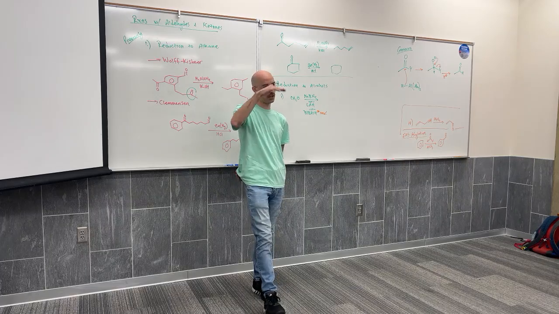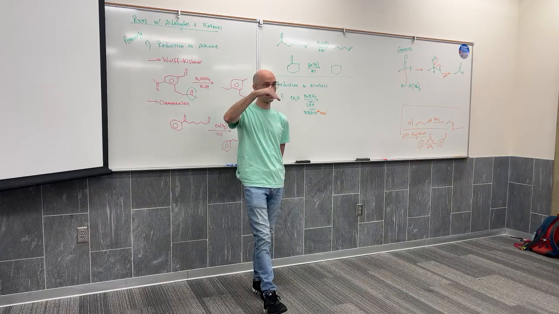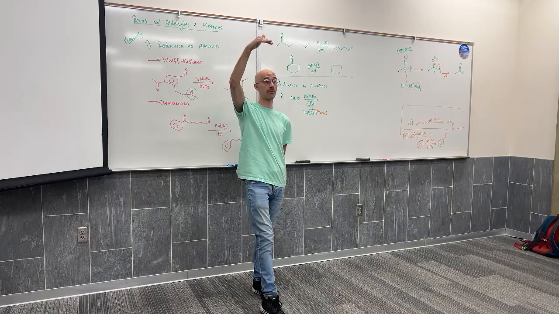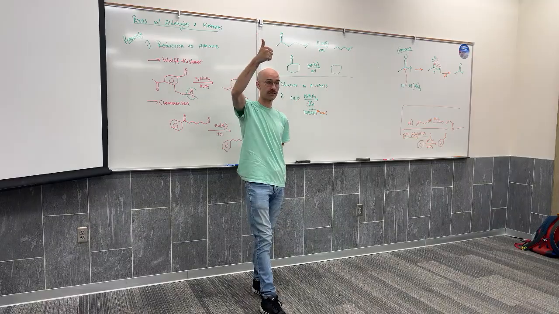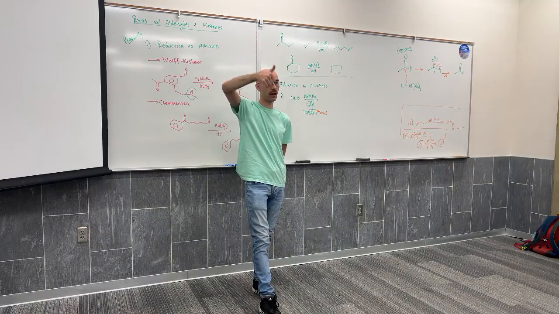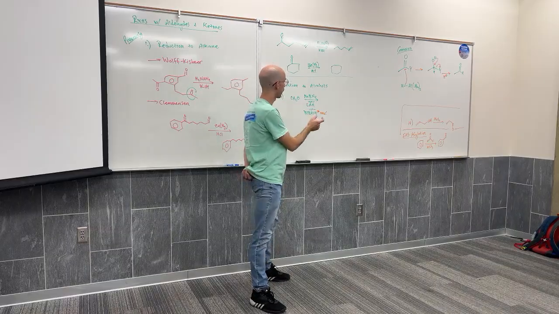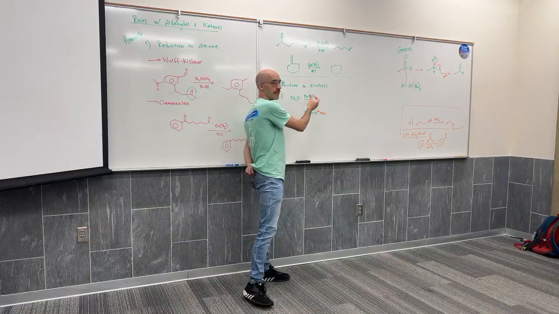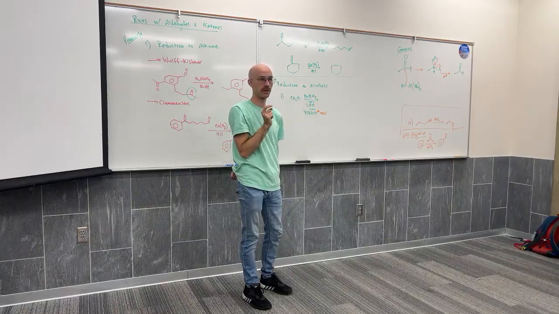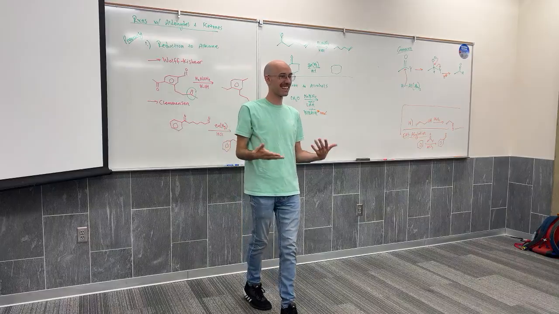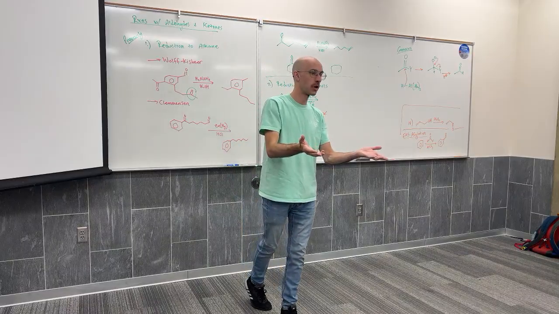Boron and aluminum are in the same family. Boron is higher up. Electronegativity increases up a column. So boron is more electronegative, which means that boron holds onto the electrons with hydrogen a little bit better. Aluminum, larger, less electronegative, lets go of the electrons.